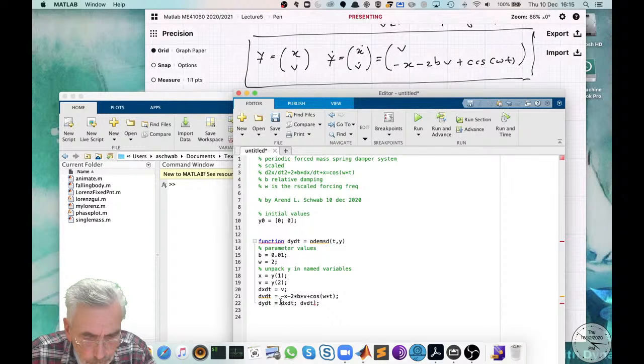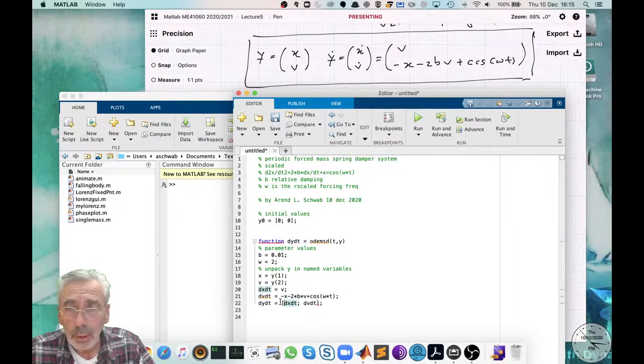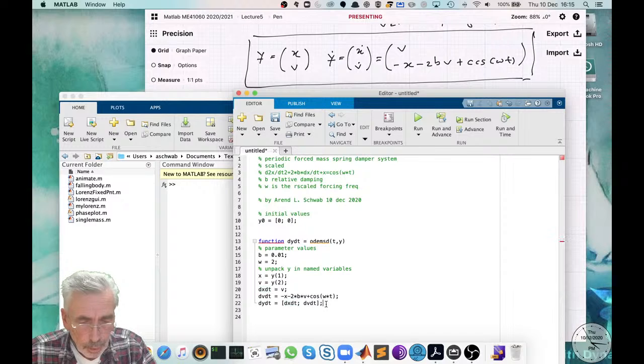And then we say end. So this should give us back the derivative at time t at this state, this position and velocity. Position and velocity gives back the velocity and the acceleration. Well, looks okay to me.